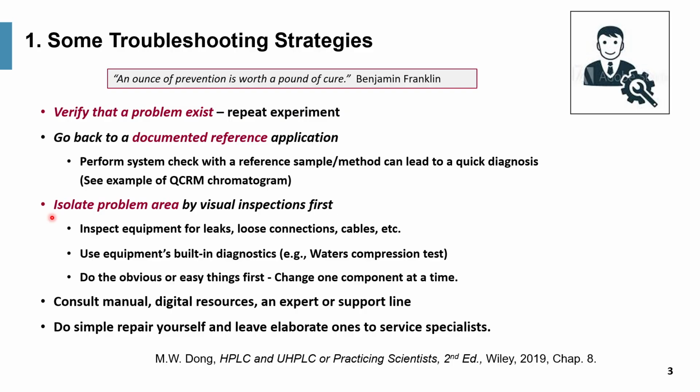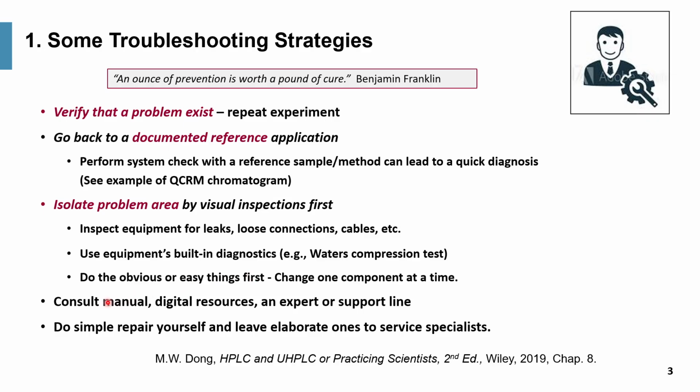Generally, it's nice to isolate the problem area by doing the simple things first, like visual inspection. For instance, inspect equipment for leaks and loose cables. Often you can use the equipment's built-in diagnostics, such as Waters pumps. They are generally equipped with a Waters compressibility test.